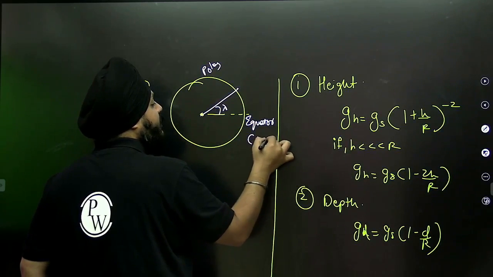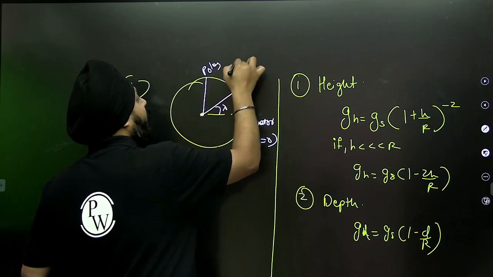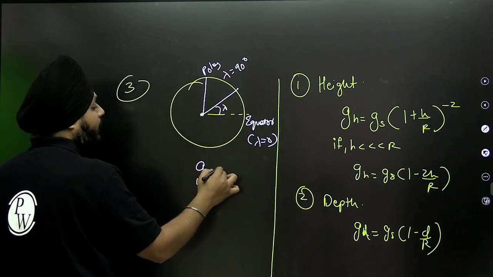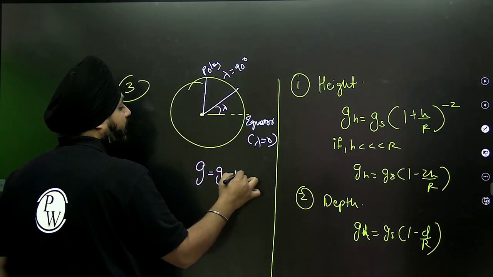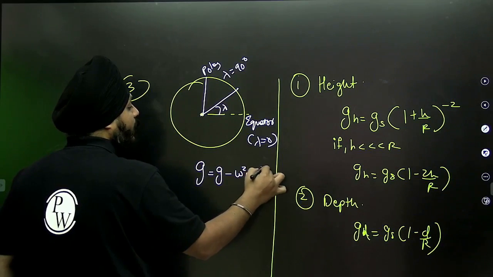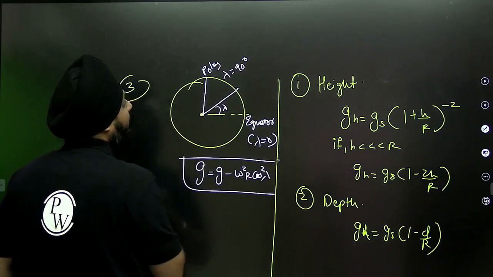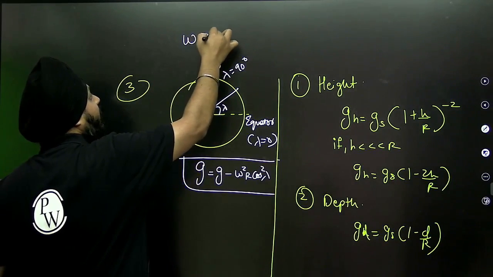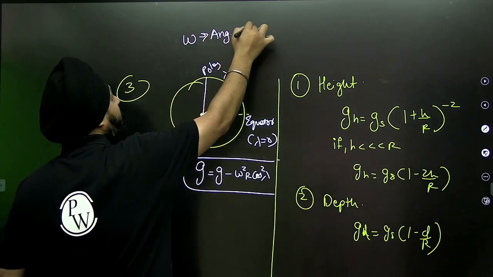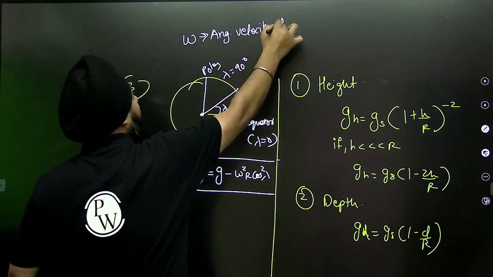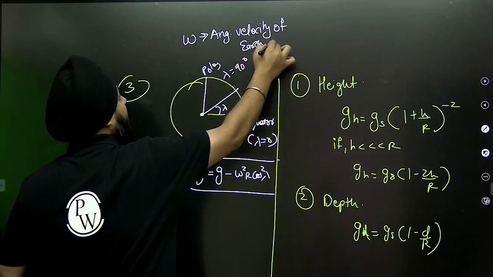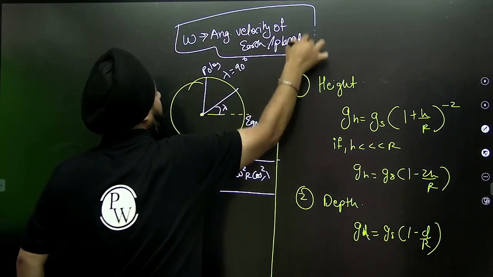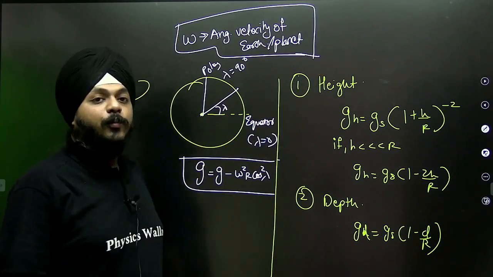At the equator, lambda is 0, at the poles lambda is 90 degrees. So with respect to latitude, g minus omega square r cos square lambda; these are the variations of g, in which omega is the angular velocity of earth or planet. So these three important formulas are there.